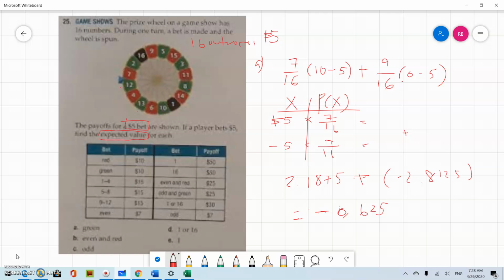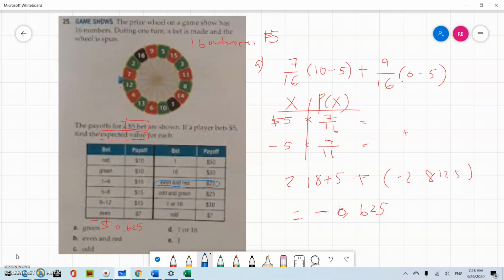So what this means is that on average, you're going to lose 62 cents, 63 cents. So expected value for green is minus 0.625. Okay? So let's try B, which is even and red.